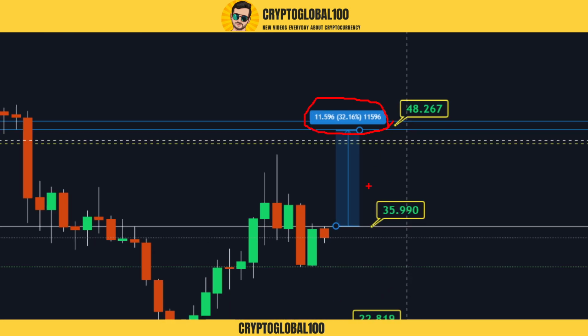But that's only going to happen if this candle closes above this area, because this is the main resistance area for now, $36. So XVS needs to close above this area with strong volume, and then it can consolidate somewhere here, and then if the BTC price moves up, surely it is going to move to $48.